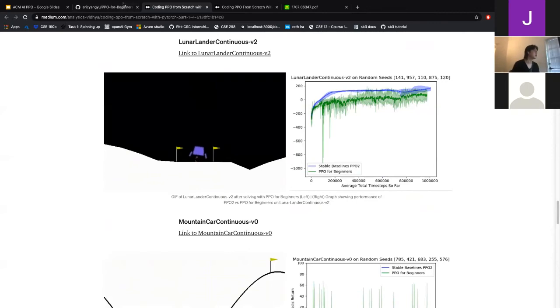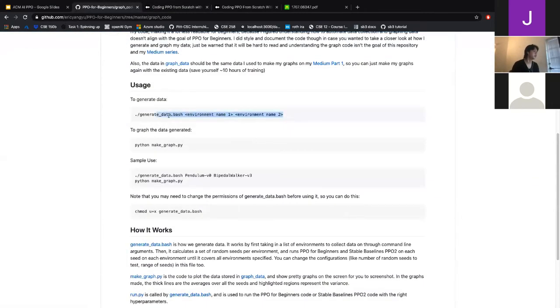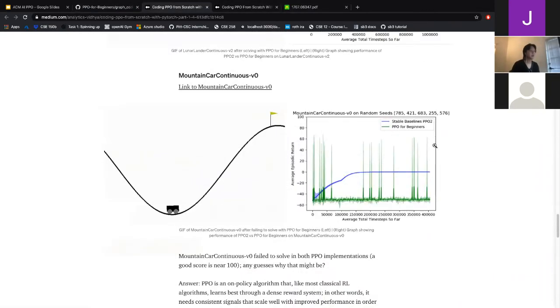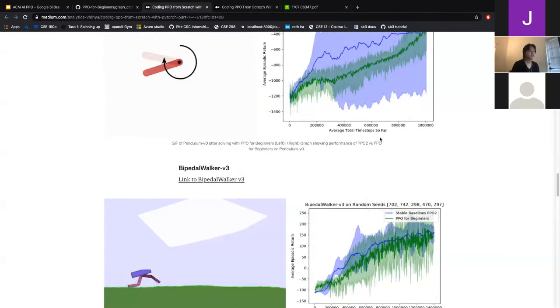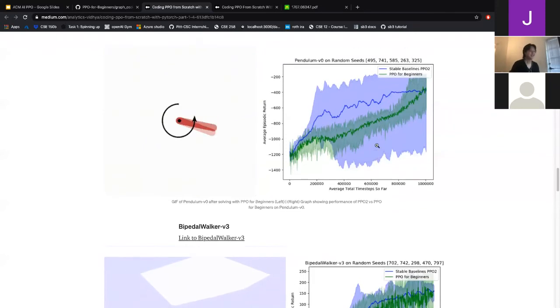I have instructions for you. If you go to graph code here, there's a set of instructions which will tell you exactly how to generate what I created here. Note that these figures collectively took over 10 hours on a GTX 1080, so it took overnight. So just warning you.